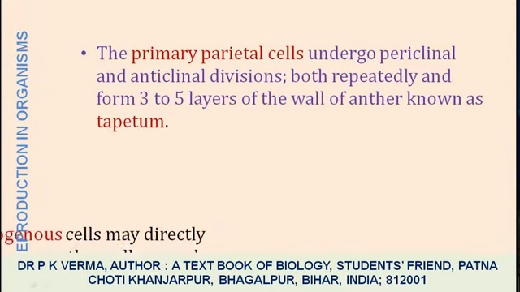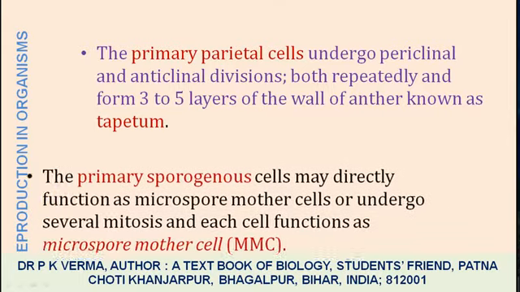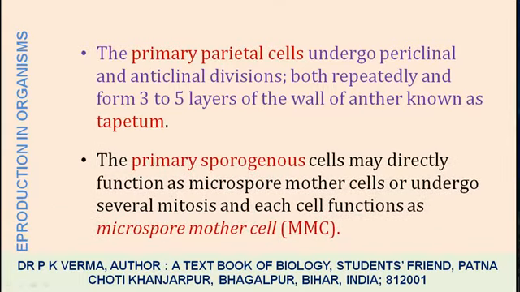The primary parietal cell undergoes periclinal and anticlinal divisions, that is tangential and radial divisions, and they form 3 to 5 layers of the wall of the anther, known as tapetum. The primary sporogenous cell may divide many times to form a large number of microspore mother cells.